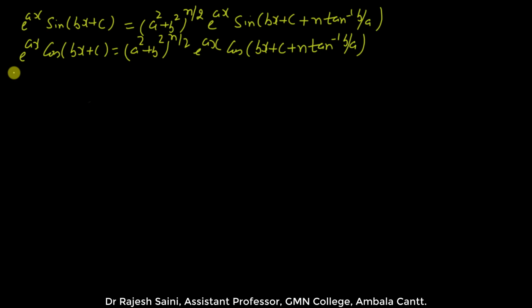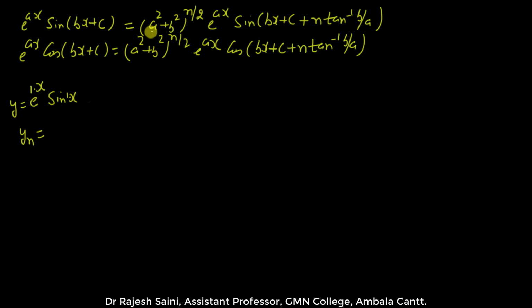One such function I am going to write is y equal to e raised to the power x sin x. I am going to directly write yn based upon this formula. The coefficient of x in the sine is 1, and in the exponential it is also 1.